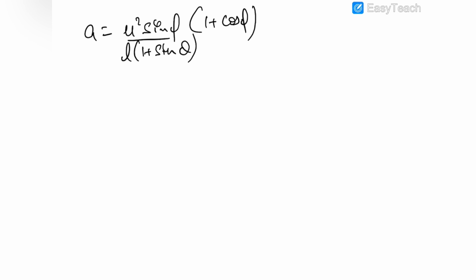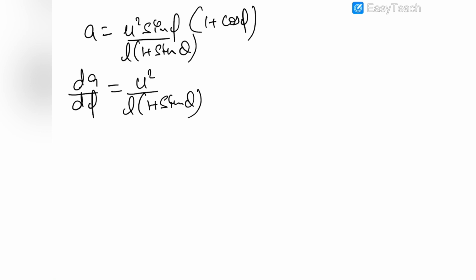Now to maximize this acceleration, we have to identify that u square, L and sine theta are constants. So dA by d phi is u square by L(1 plus sine theta) times d by d phi of sine phi into (1 plus cos phi).